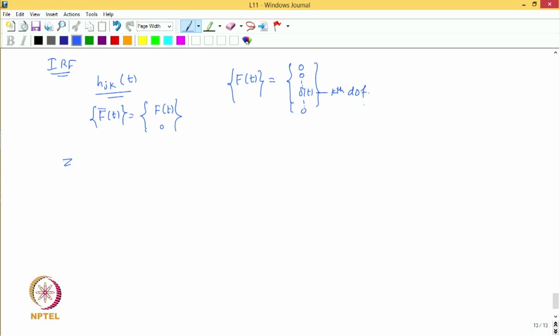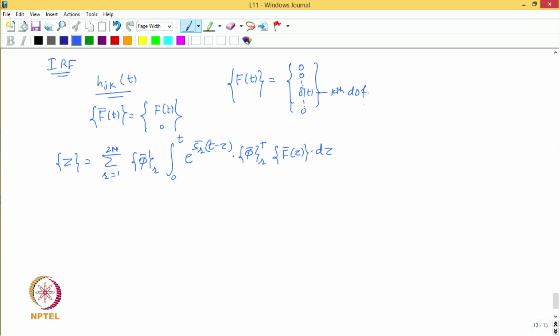And now we write down the response, which is r is equal to 1 to 2n, phi bar r, integration. So, we had e to the power s r bar (t minus tau) into then phi bar r transpose f bar tau into d tau. So, this is the expression we got for the responses due to transient forces.